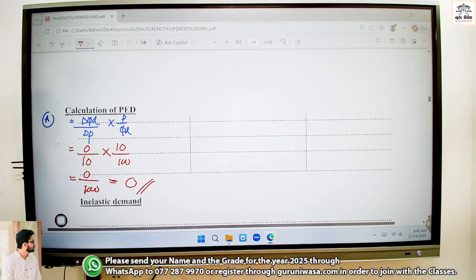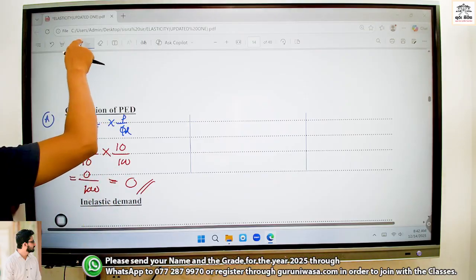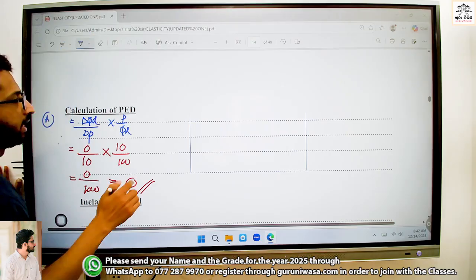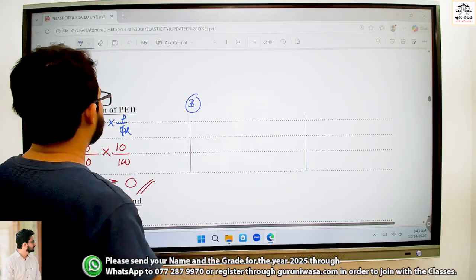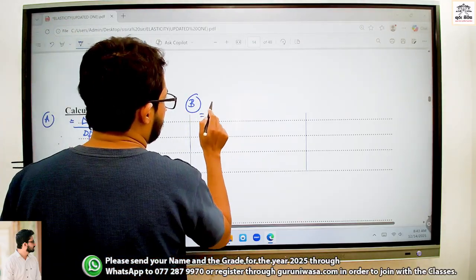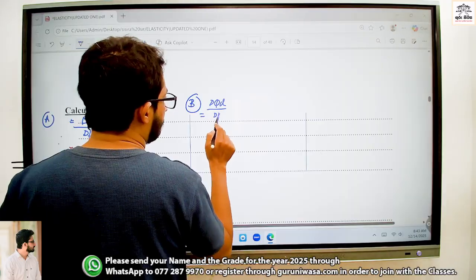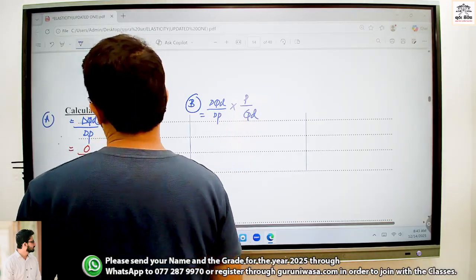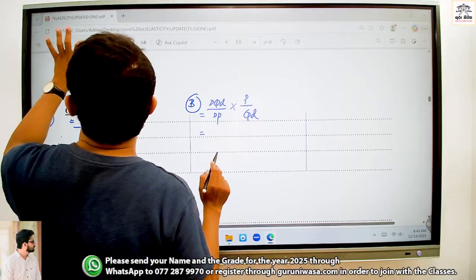Okay, then calculate price elasticity of demand at point B. PED equals delta QD over delta P into P over Q. Delta QD is zero and delta P does not change.